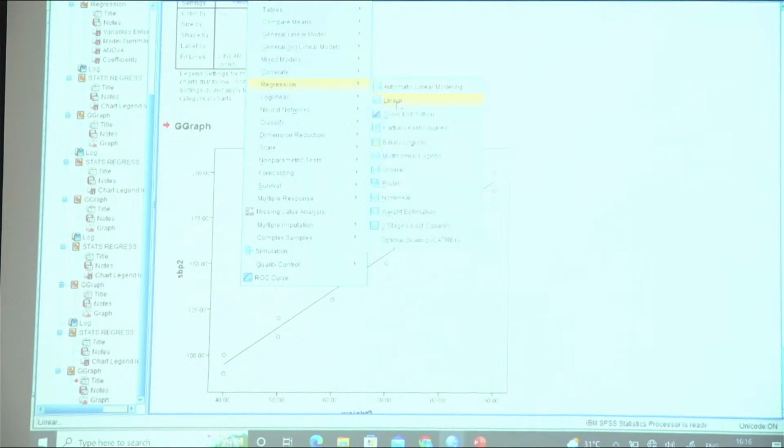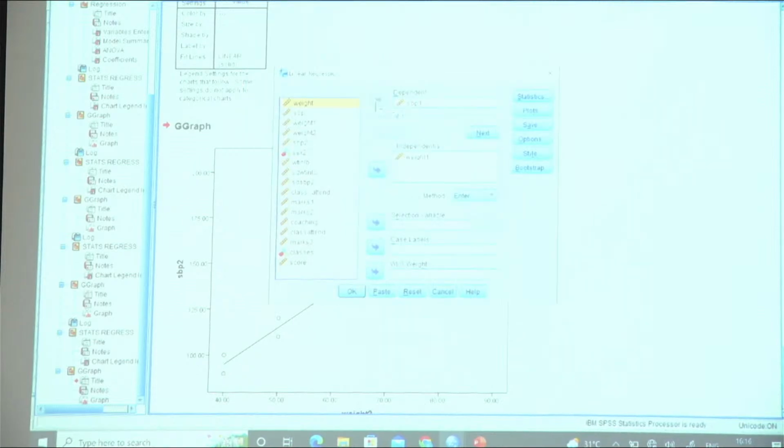Regression, linear. We want to use SBP2. SBP2 is the dependent, and weight 2 is the independent.